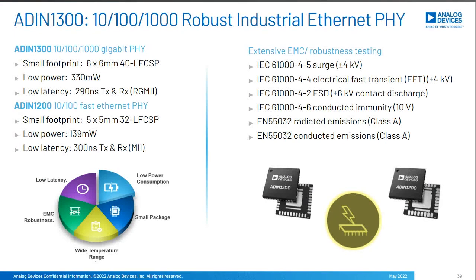The products I'd like to introduce now are the ADIN1200, our 100 megabit per second fast Ethernet PHY, and the ADIN1300, which is our gigabit Ethernet PHY, which are both industrial-grade devices that ensure low latency, low power consumption, both in a small package for more compact design, tested for temperatures from -40 degrees Celsius to 105 degrees Celsius for the harshest environments, and tested for EMC standards such as EFT, ESD, and so forth. And all of that ensures the highest performance and robustness even in the harshest environments.